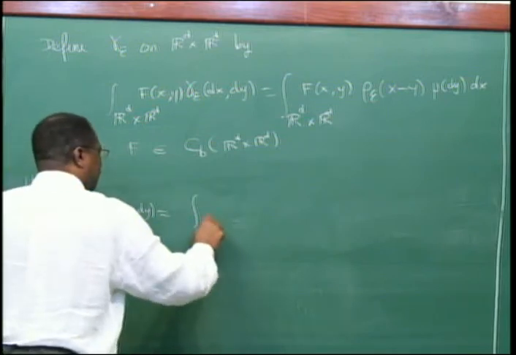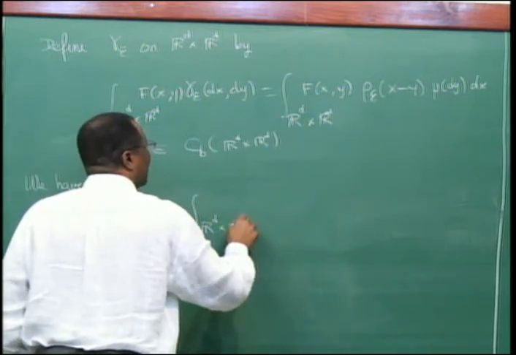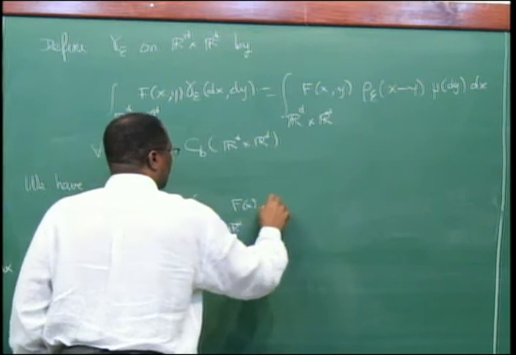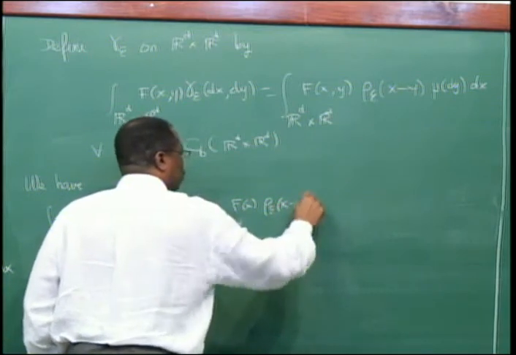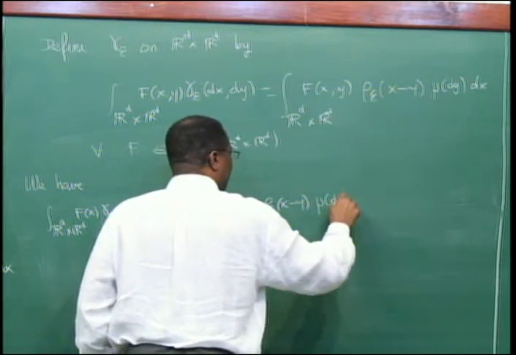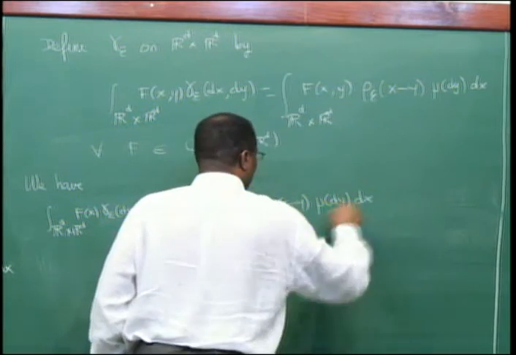is, by definition, the integral over Rd cross Rd of f of s, rho epsilon of x minus y, mu dy dx.